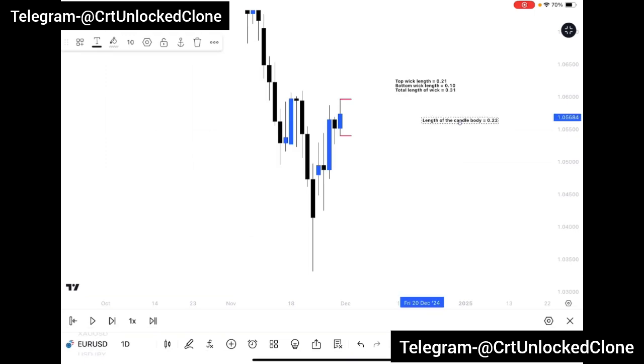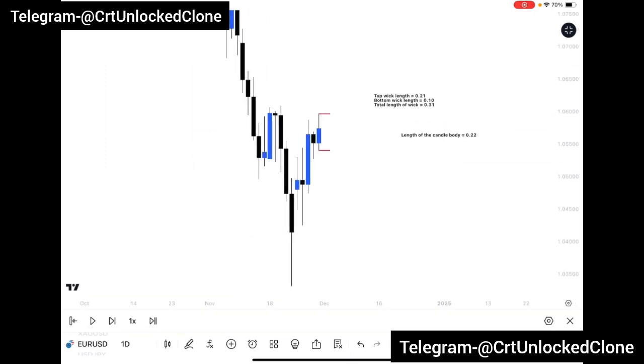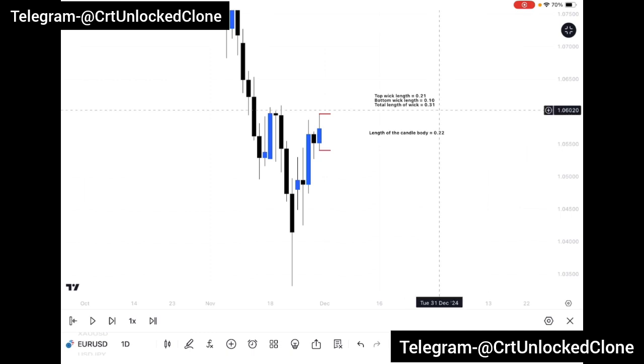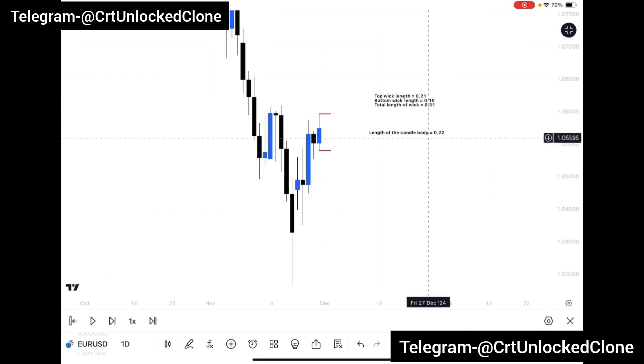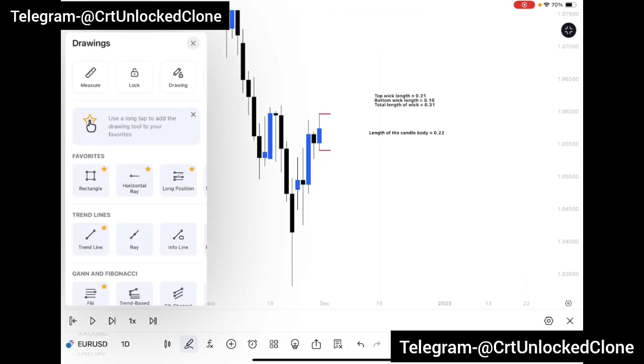So here we got the length of the wick of this particular candle is 0.31 and the length of the same candle body is 0.22. So now which is greater? The length of the wick is greater than the length of the body.